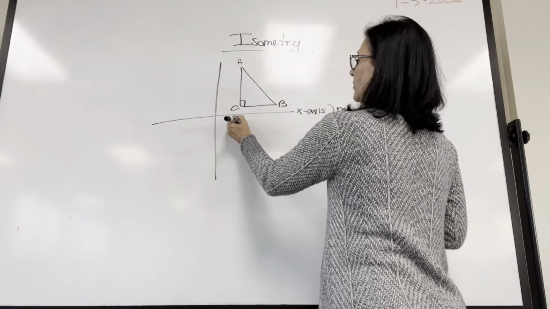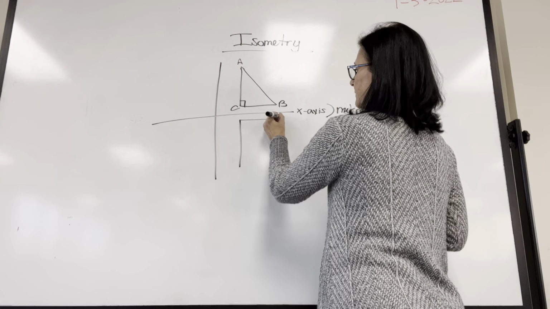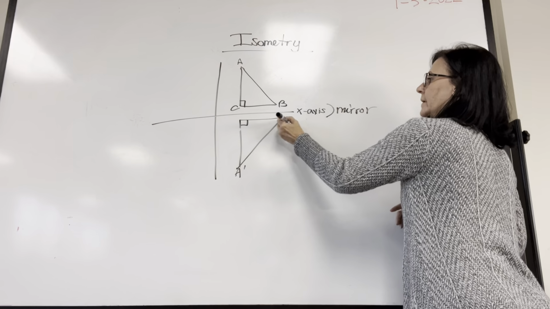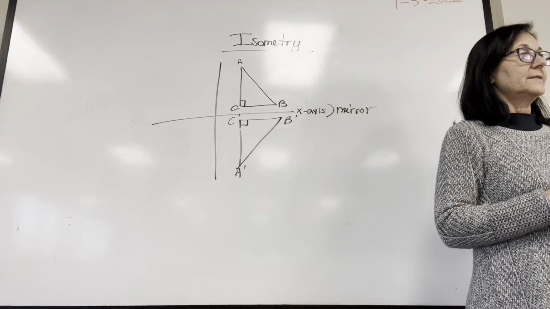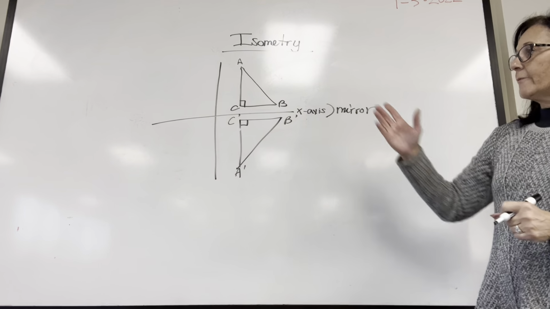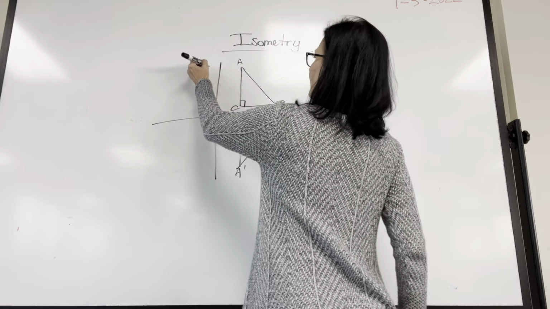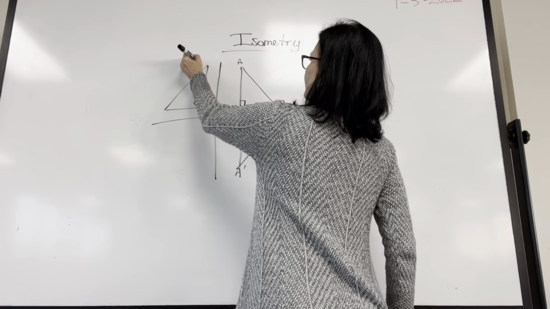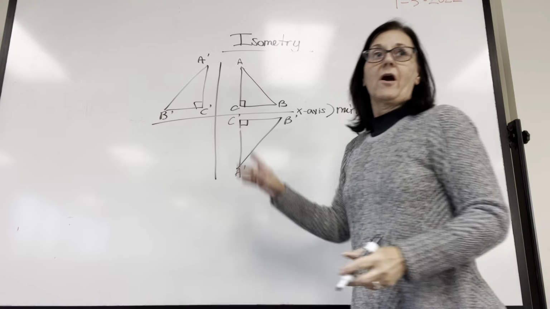All right, if I were to draw this and reflect it across the x-axis, now this would be A prime, B prime, C prime. Does that make sense? If I reflect it across the y-axis, this is A prime, this is C prime, that's B prime.